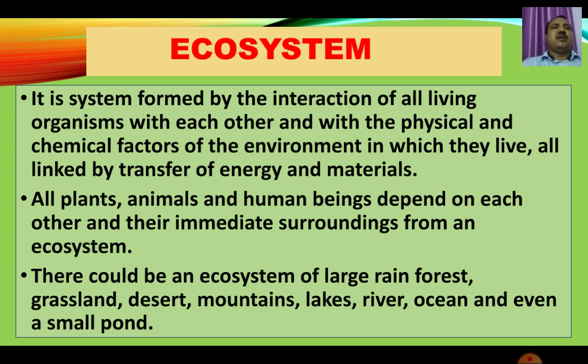All plants, animals and human beings depend on each other and their immediate surroundings to form an ecosystem. So there could be an ecosystem of a large rainforest, grassland, desert, mountain, lake, river, ocean, and even a small pond.